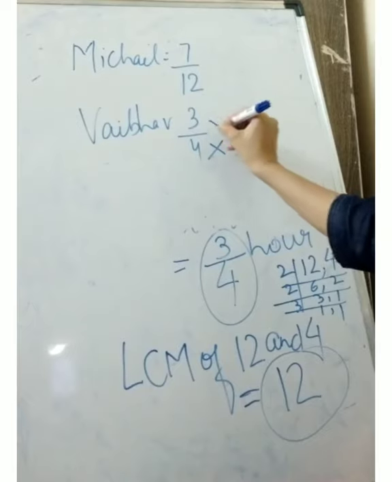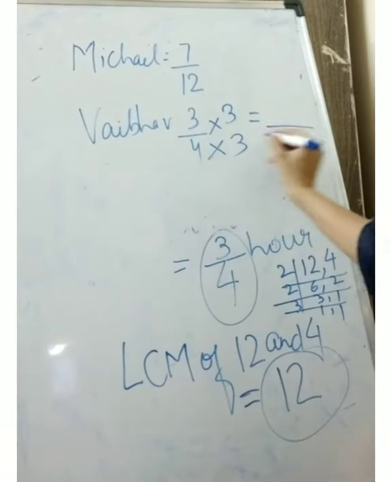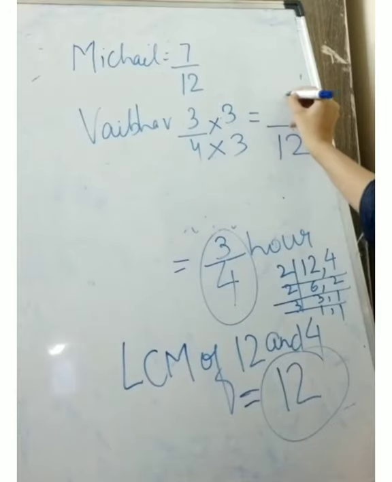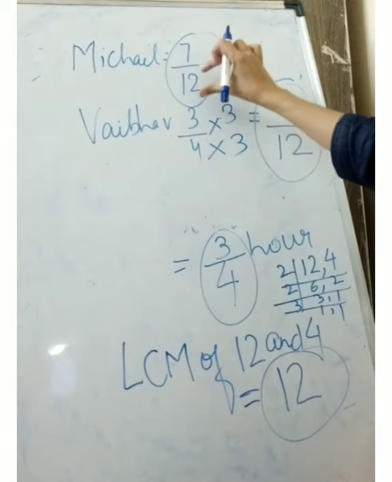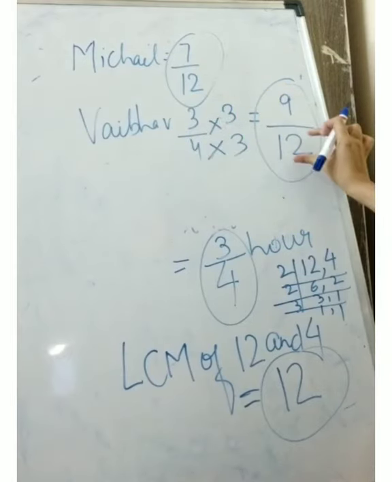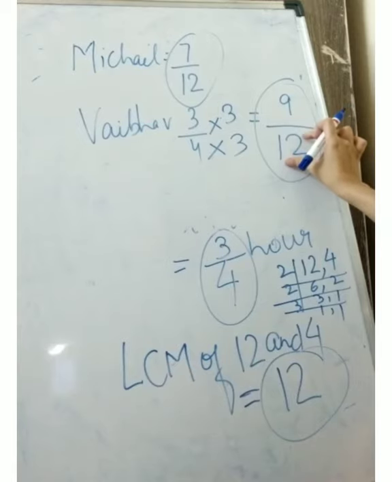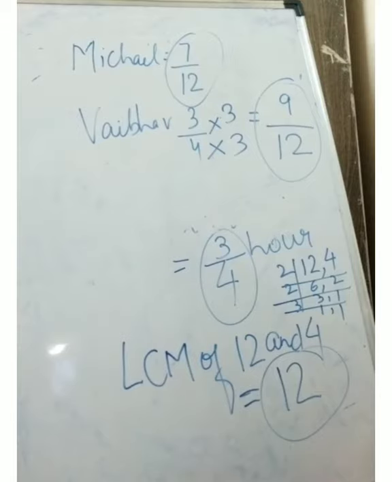If we are multiplying by 3 over here, at the top also we have to multiply. So this becomes 12 and this becomes 9. Now you can see the denominator of Michael is 12, and the denominator of Vaibhav is also 12. Now it is very easy to compare both the values.